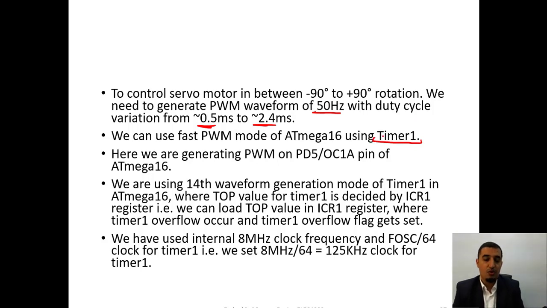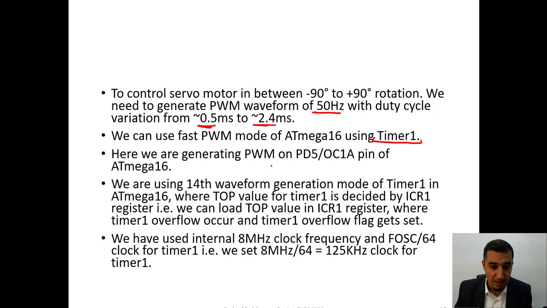The reason for choosing timer 1 is that timer 0 and timer 2 are 8 bits, and it's quite difficult to generate small frequencies using those timers, because a small frequency means more time, and more time means more counting up.